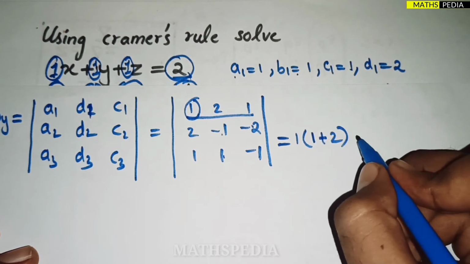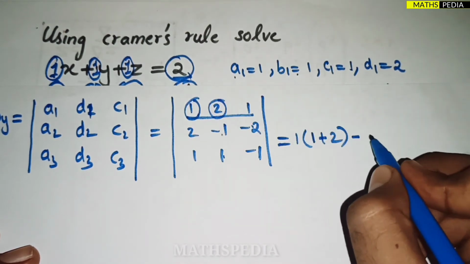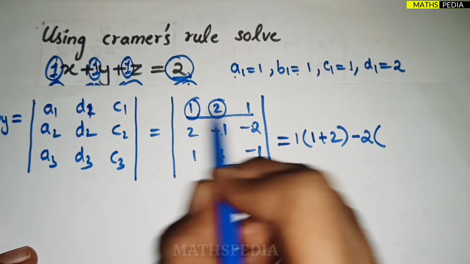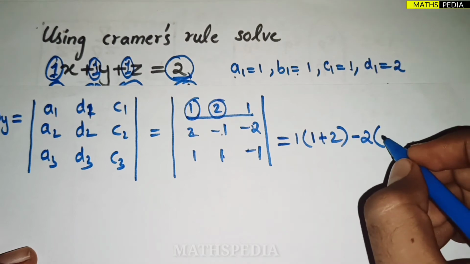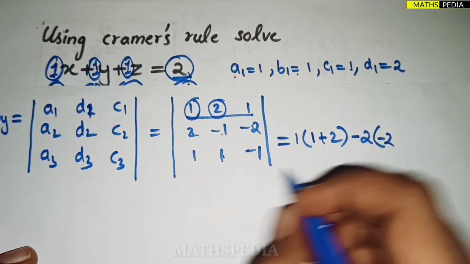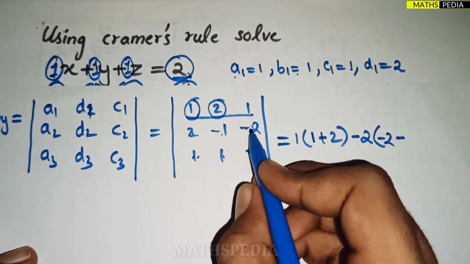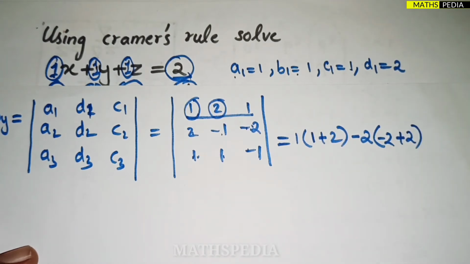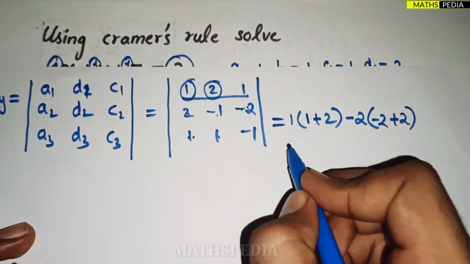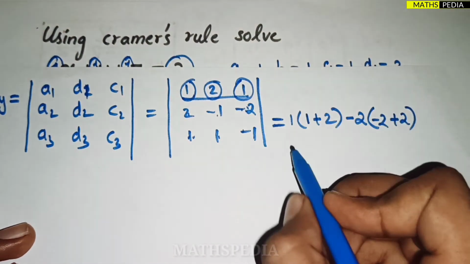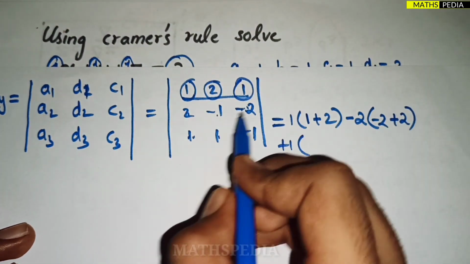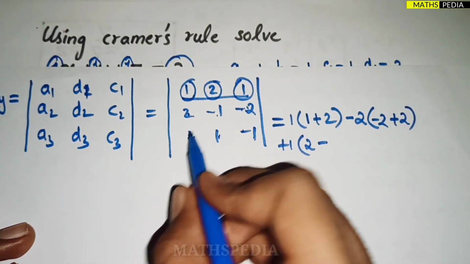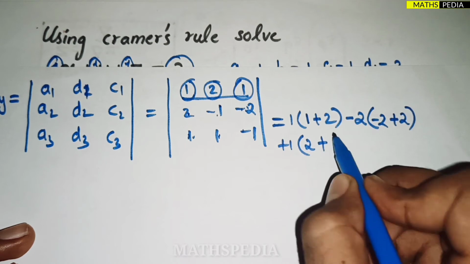Then the second element, you have to put minus first, then second element into, leave this column and row, 2 into minus 2, 2 into minus 1 is minus 2, minus 1 into minus 2 becomes minus 2, so plus 2. Okay, see the signs and all. The last one plus 1 into 2 into 1 is 2, minus 1 into minus 1 is minus 1, so this will become plus 1.